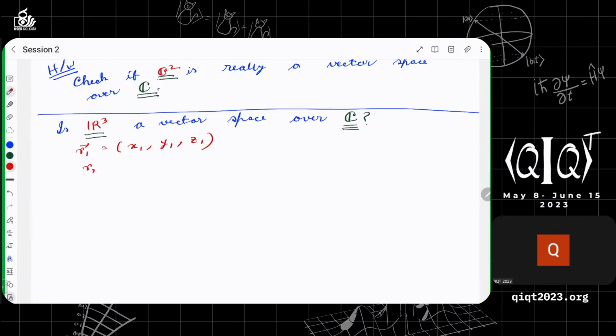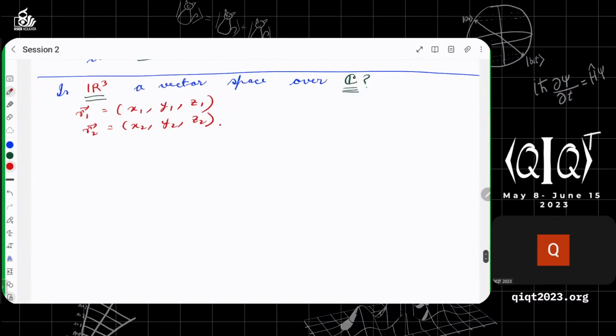And you have taken another vector, which is x2, y2, z2. Now notice that since my field is the complex numbers, I can take some a equal to, say, 3i, which is a complex number, and b equal to 4i plus 6, something like that.